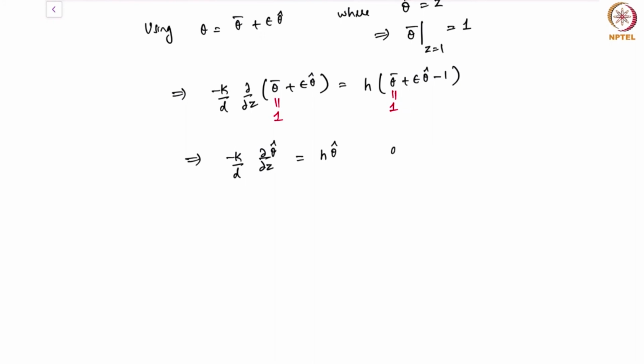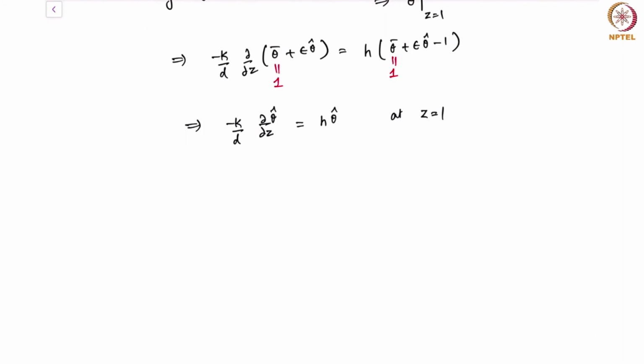This is at z is equal to 1, right? And we can also write this as del theta hat by del z with a minus sign will be h d by k of theta hat.